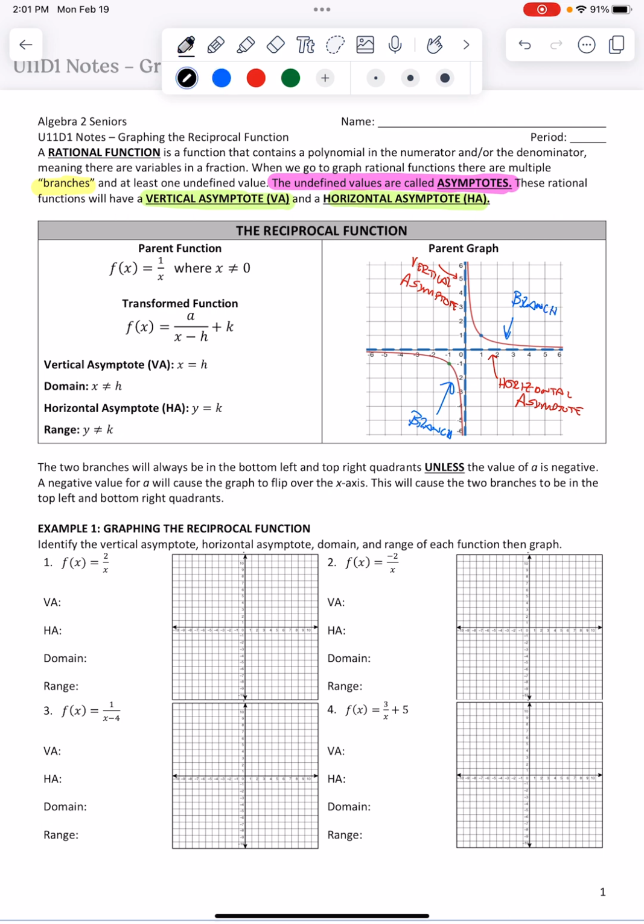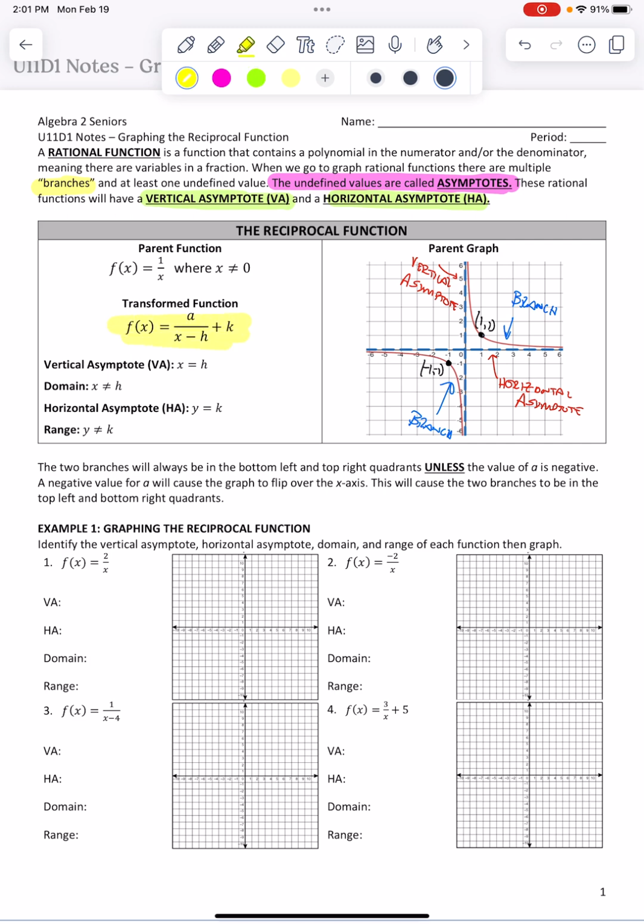Now over here we also see a couple points. We see a point right here at -1, -1, and we see a point right here at 1, 1. Okay? So we're going to be transforming these things, moving them up, down, left, right, stretching them, reflecting, flipping, all that. Okay? So we're going to be dealing with mostly this transformed version.